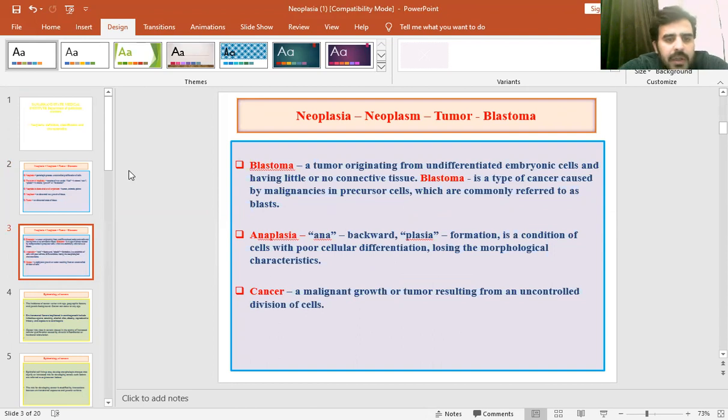Anaplasia consists of two words, ana and plasia. Ana means backward, and plasia is the formation. It is the condition of cells with poor cellular differentiation and therefore losing their morphological characteristics. Cancer is a malignant growth or tumor resulting from an uncontrolled division of cells.